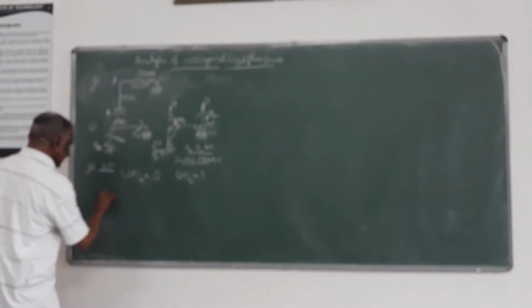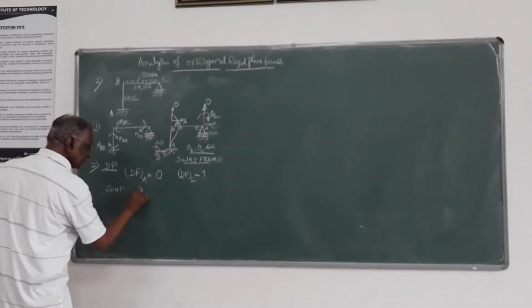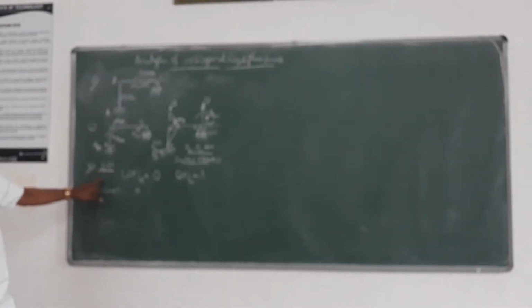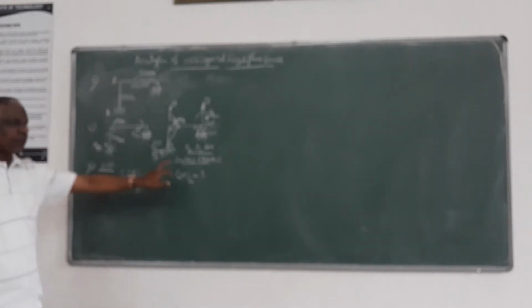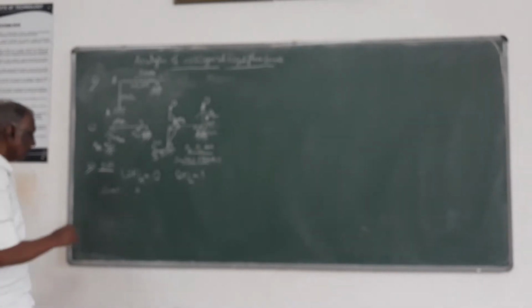At other joints, that is joint B, which is a continuous joint, there we have to evaluate the distribution factor because there is more than one member.